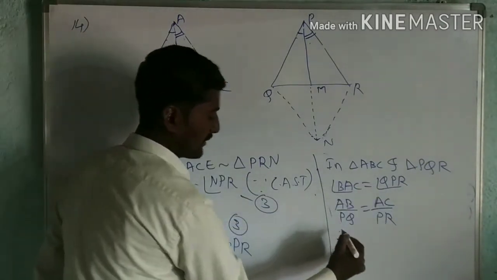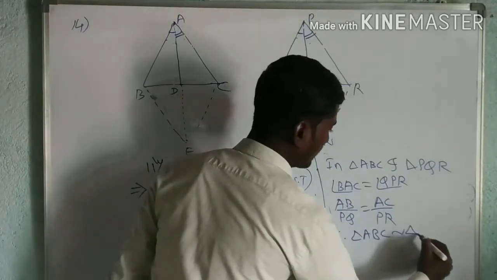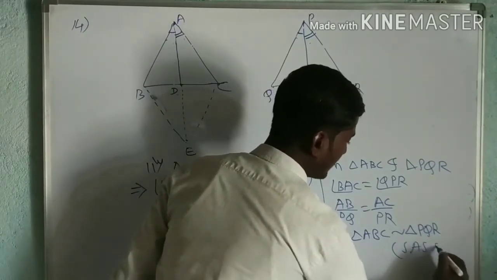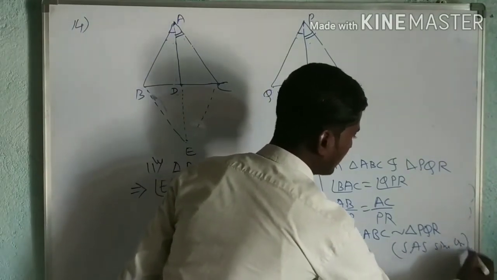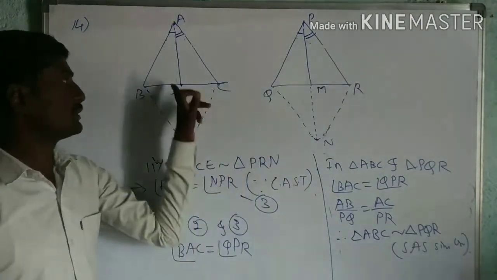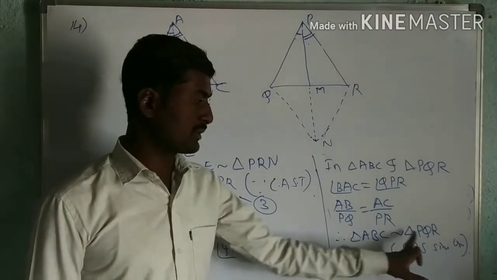SAS. Therefore, triangle ABC is similar to triangle PQR because of the SAS similarity criterion.